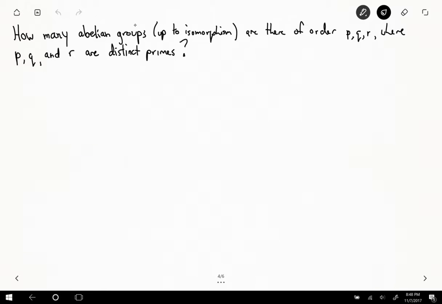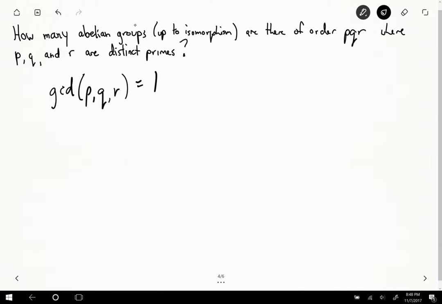So how many abelian groups up to isomorphism are there of order P times Q times R, where P, Q, and R are distinct primes? Well, we know that the GCD of P, Q, and R equals 1.